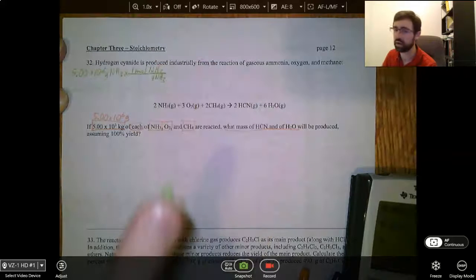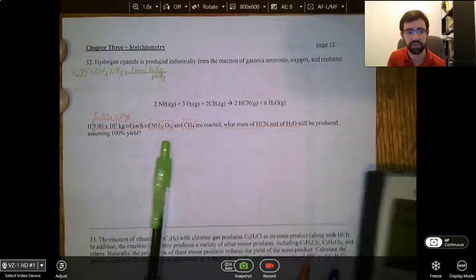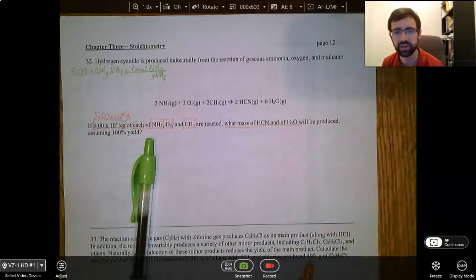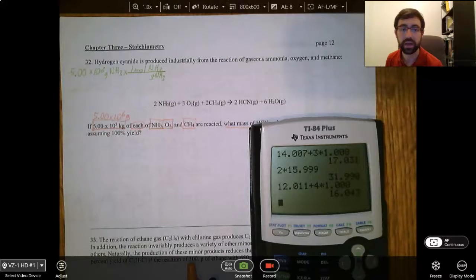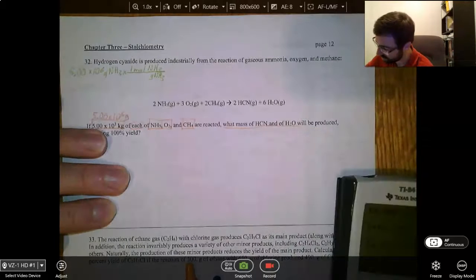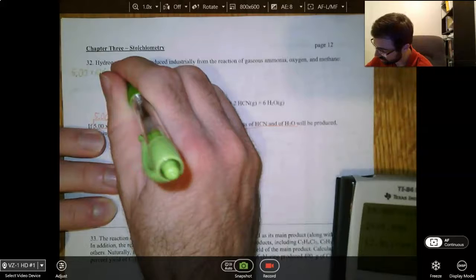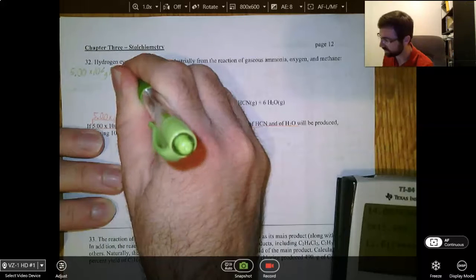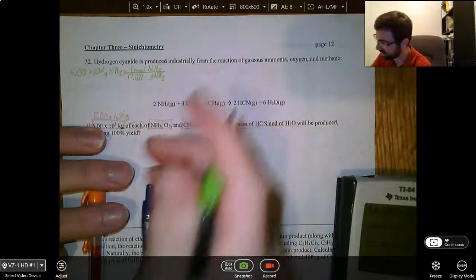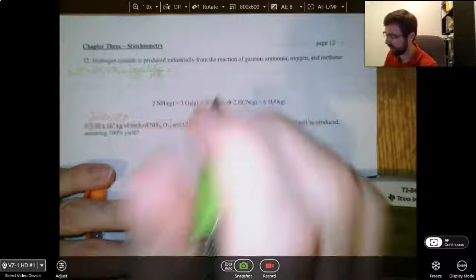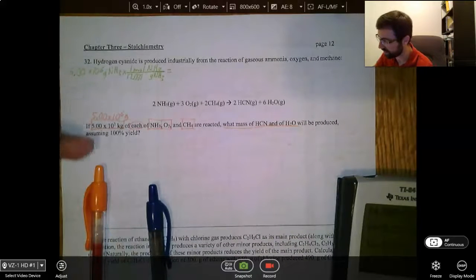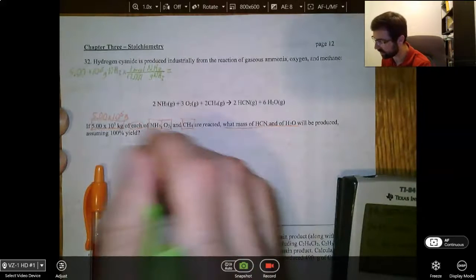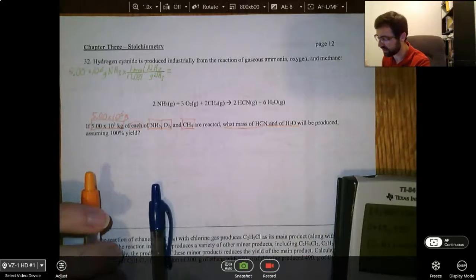Well, if I look at my periodic table, I can figure that out. I think we're getting good enough at molar mass. I'm just going to do that, and then I'll write it in. So our molar mass for NH3 looks like it's 17.031 grams. Okay, and I can calculate that and find it. I'm going to run out of space up here, so I'm going to do the next couple of them down here.